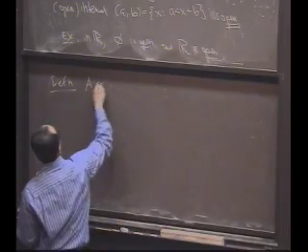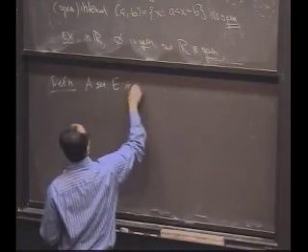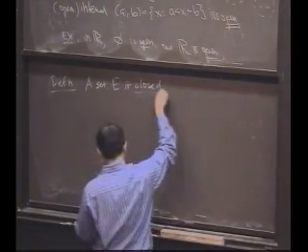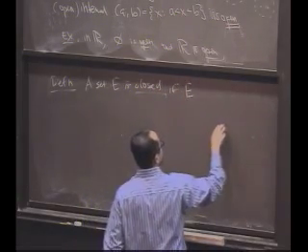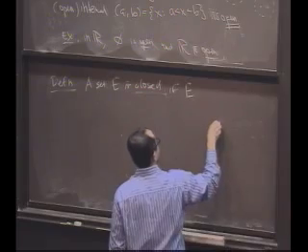Definition: a set E is closed if E contains all its limit points. Now, the picture of a closed set is something like this.